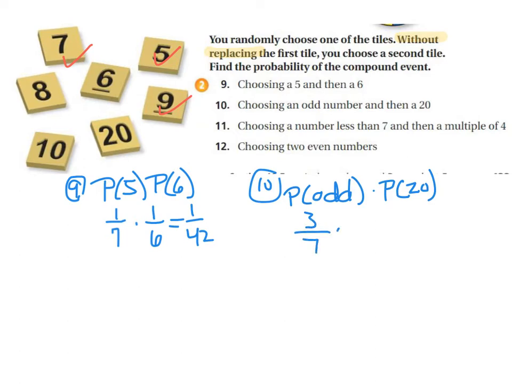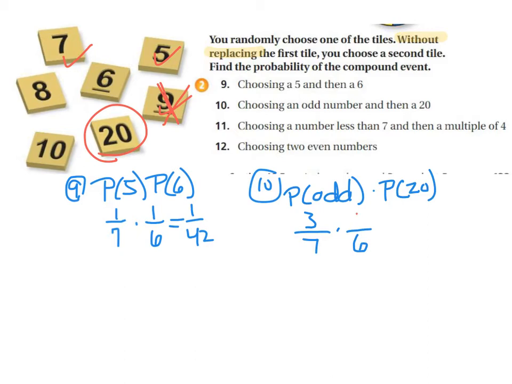And let's say I did choose an odd tile. Let's say I chose the number 9. The number 9 is no longer available for me to pick. That means I have 6 tiles left, and out of those 6 tiles, how many are 20? Well, we only have one tile that is a 20.